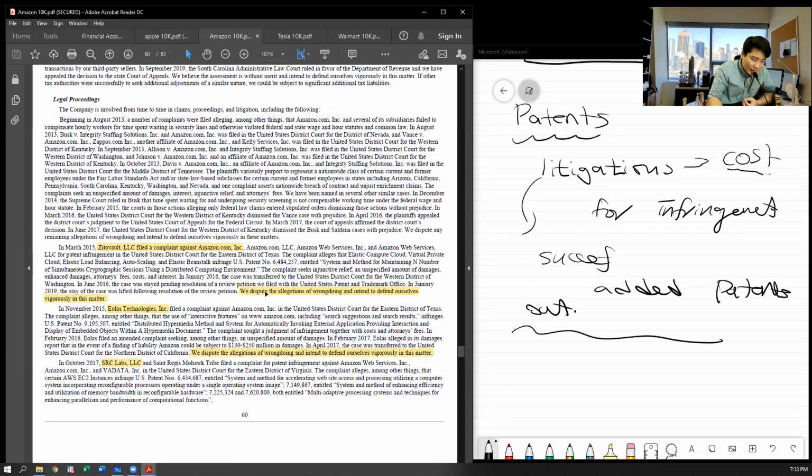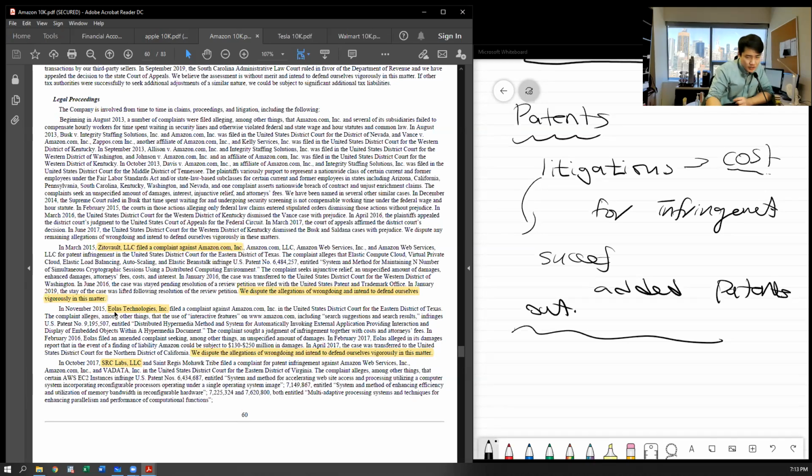What that language indicates is that they think the possibility of the loss is very low, and that's why it is only being disclosed in the financial statement without the dollar amounts. So you cannot really see the dollar amounts for that litigation in the balance sheet or the income statement. There is only a disclosure with respect to this litigation.